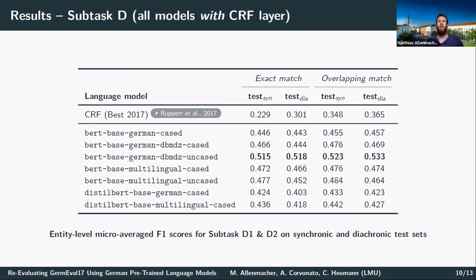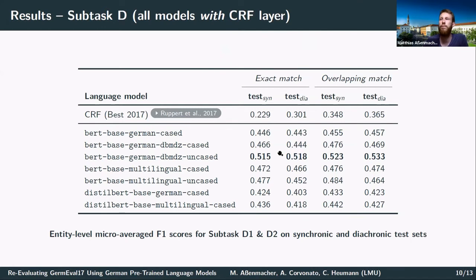And for the last subtask, Subtask D, I have to mention that we trained each model basically twice, once with a CRF layer on top and once without. The models with the CRF layer consistently outperformed their counterparts without it, which is why I'm going to show you just the results using the CRF layer on top.